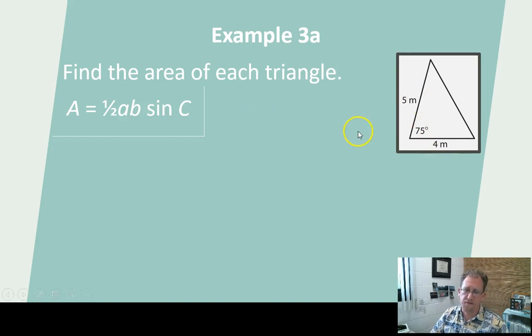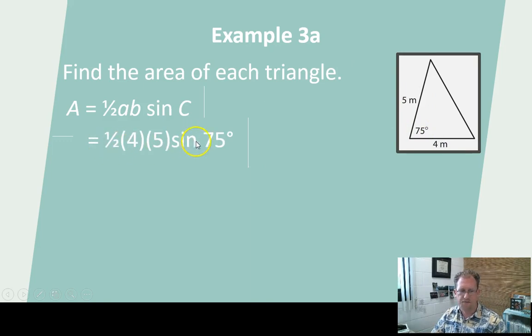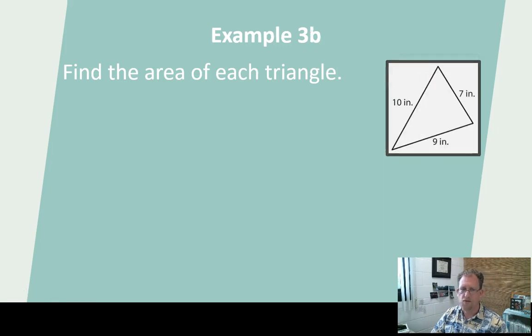Find the sine of 75 and multiply that by 10. Okay, here we go. 1/2 times 4 times 5 times the sine of 75 is 9.7 square meters. The calculator multiplies all this together for you, but 4 times 5 is 20 times 1/2 is 10. The sine of 75 must be 0.97, so 0.97 times 10 is 9.7 square meters. Okay, that's how we can do that one.